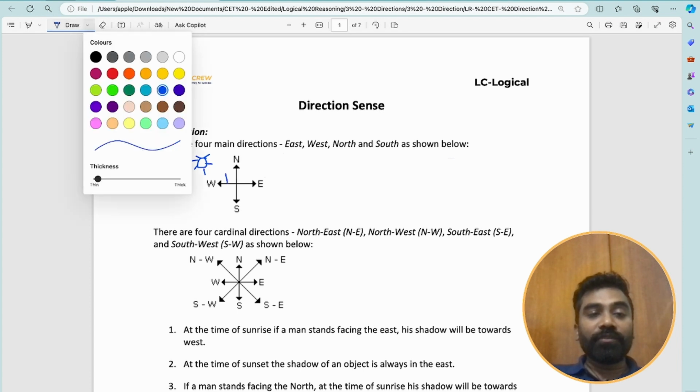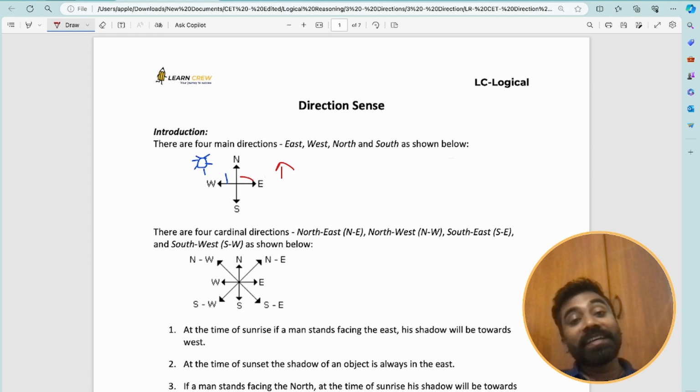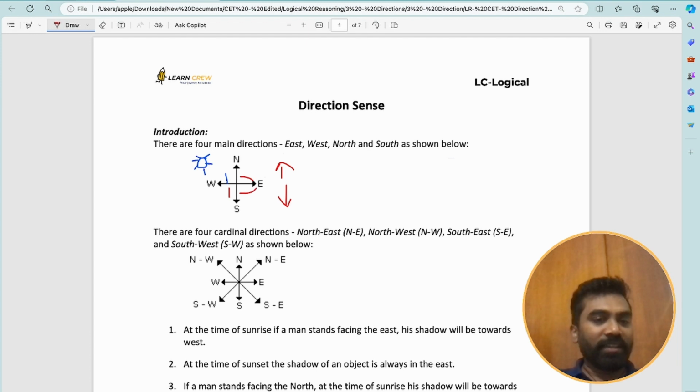Obviously his shadow is going to fall on the right hand side if he is facing north. If he is facing north, his shadow is going to fall on his right hand side or east side. If the person was facing south, then his shadow is going to fall on his left hand side. As simple as this.